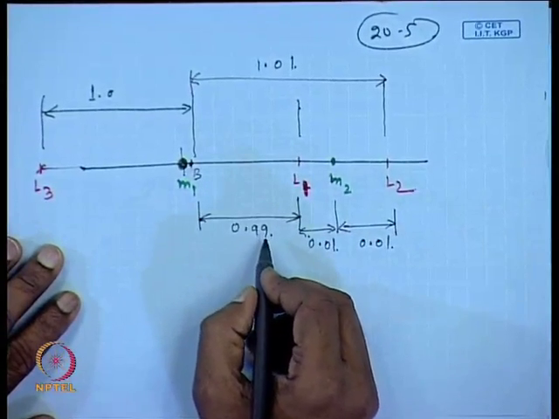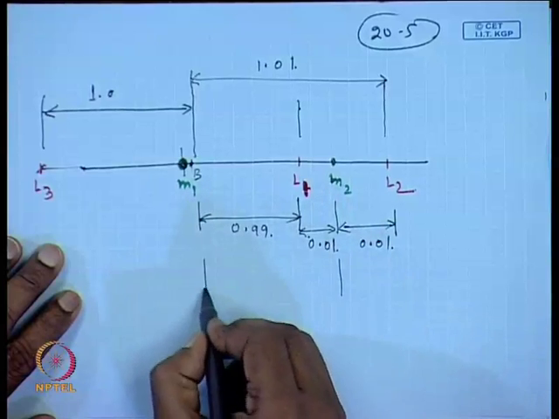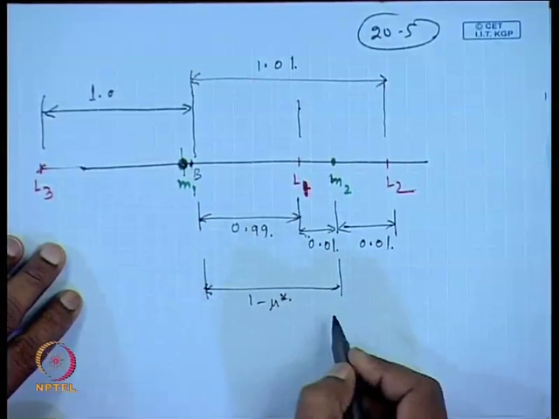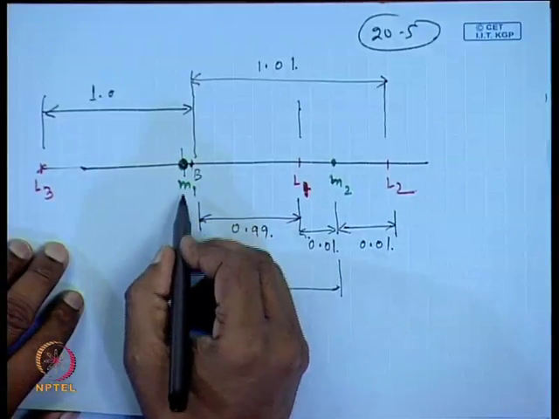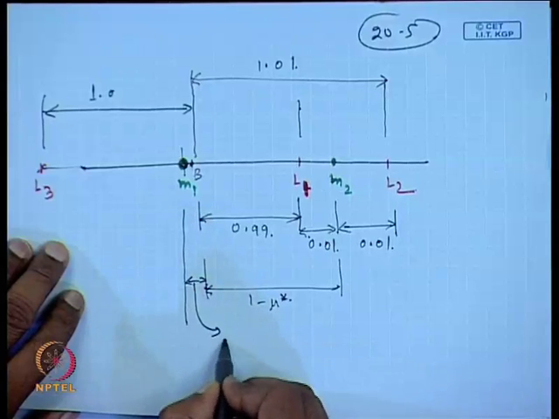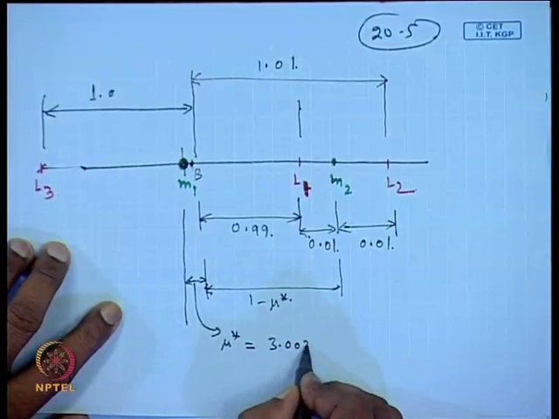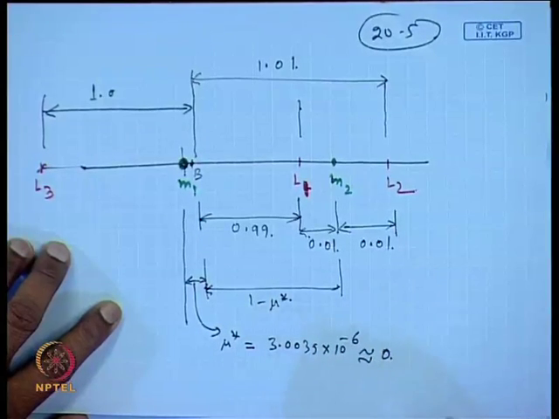So, this quantity is nothing but 1 minus mu star. And this is your mu star, which we have taken as 3.0035 into 10 to the power minus 6 and this is nearly equal to 0.